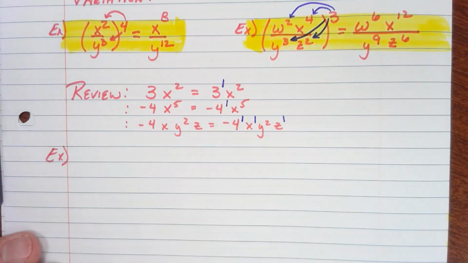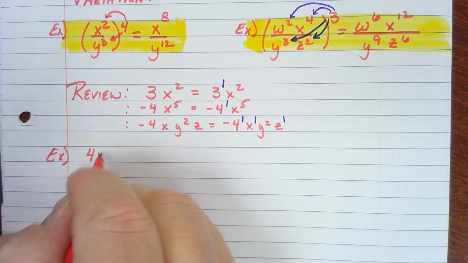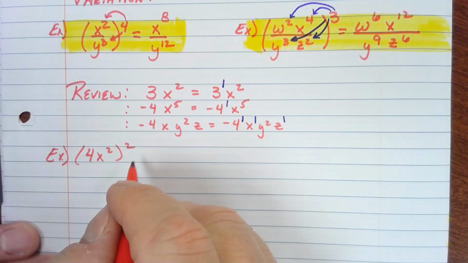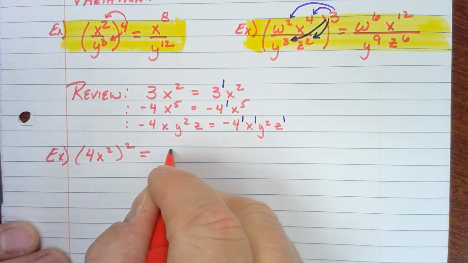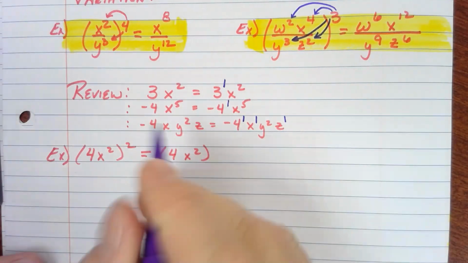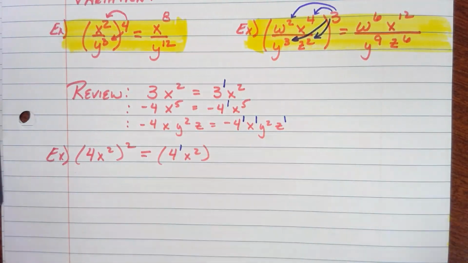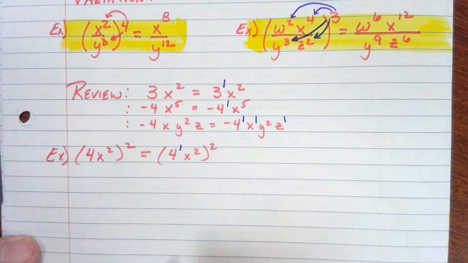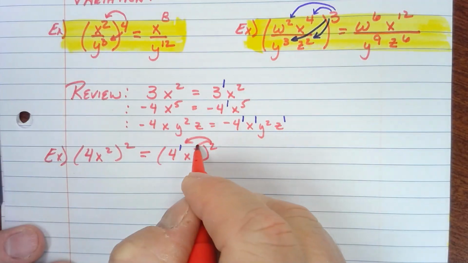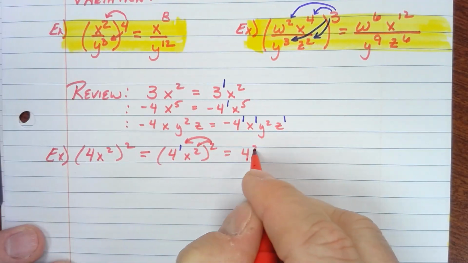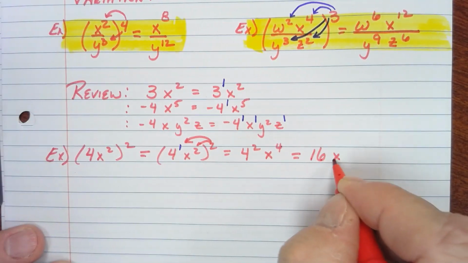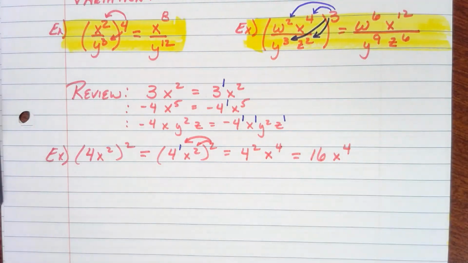So if I have 4x squared squared, I have to first realize this is 4 to the first, x squared, squared. So then when I multiply, I get 4 squared x to the fourth, and this becomes 16 x to the fourth before I am done with it.